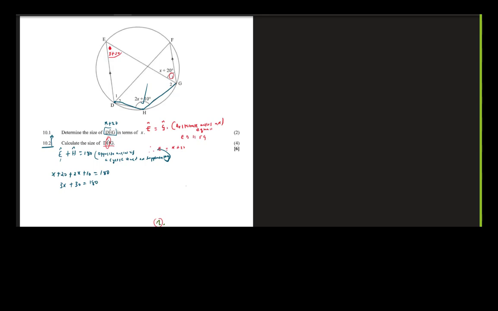Carry on. 3x, good, equals 180 minus 30, which is 150. So the value of x is 50 degrees.